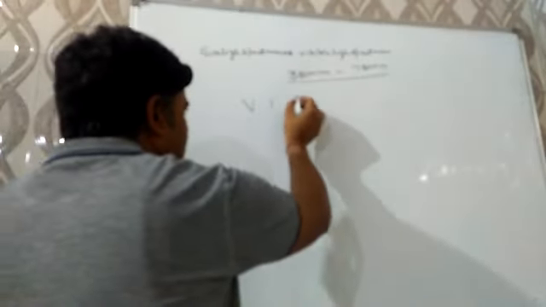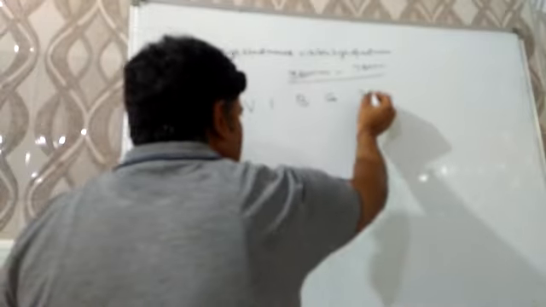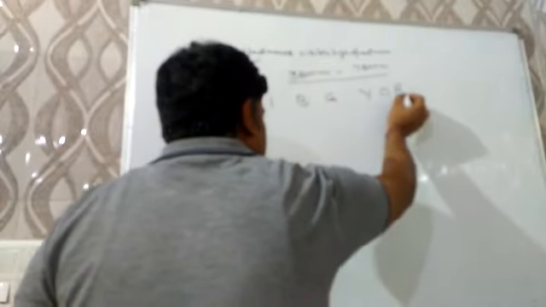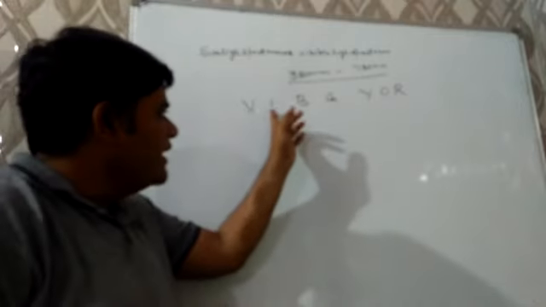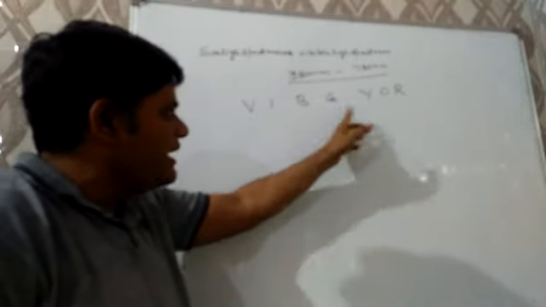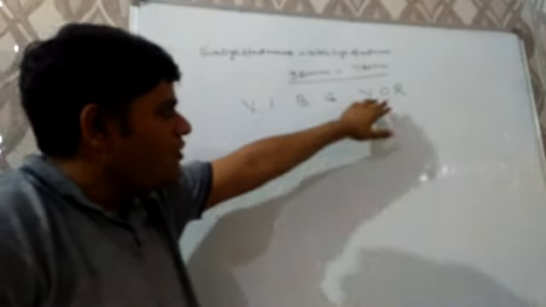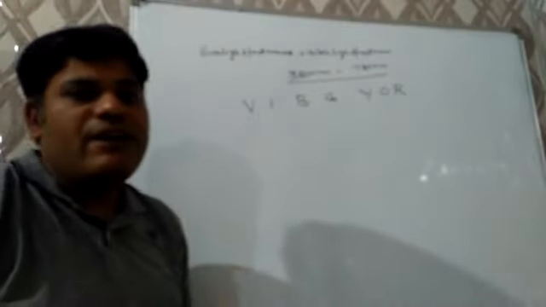They can be remembered by VIBGYO. V stands for violet, I for indigo, B for blue, G for green, Y for yellow, O for orange, and R for red. This spectrum is of sunlight.